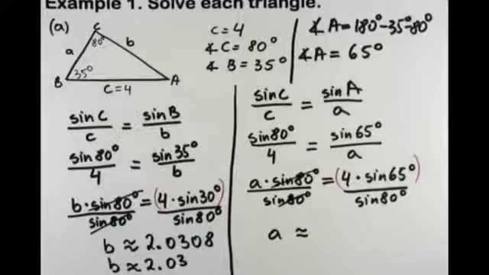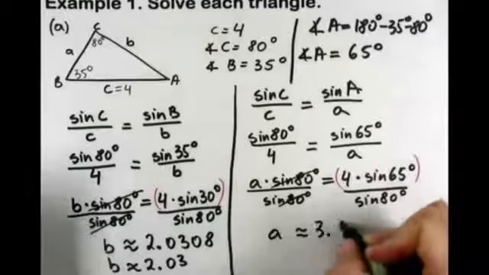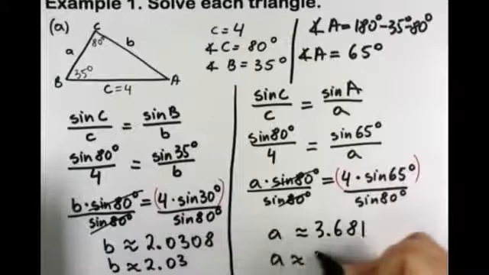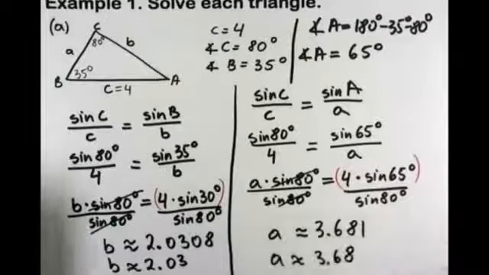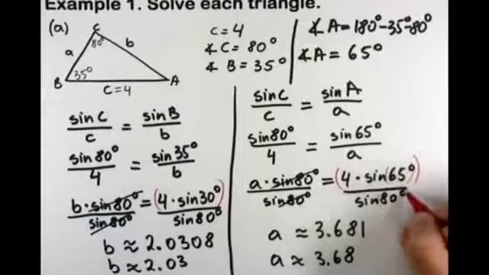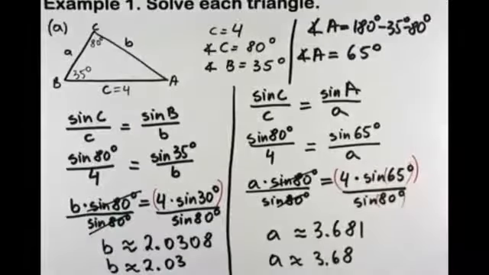And that gives me 3.681. So A is approximately 3.68. Depending on your calculator, you need a bracket around 65, so here we do need to have a double bracket.